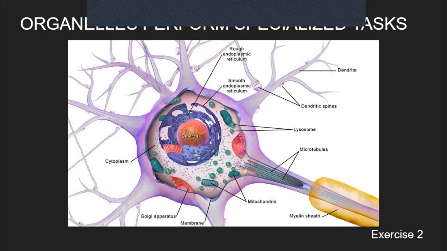So the jobs of the rough and smooth ER is specific to which type of ER you're talking about. Rough ER is going to be making proteins, and smooth ER is going to be making lipids. And you can tell them apart because the rough ER will have some stippling on it. It's got little dots all along it.